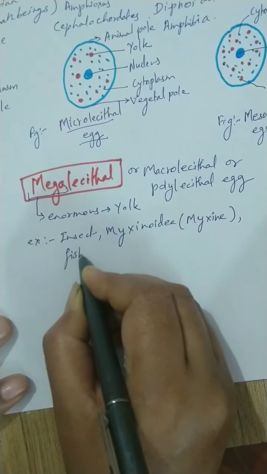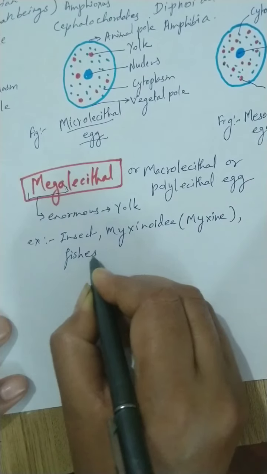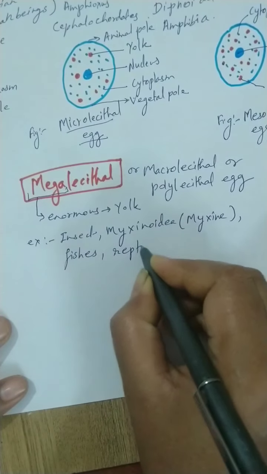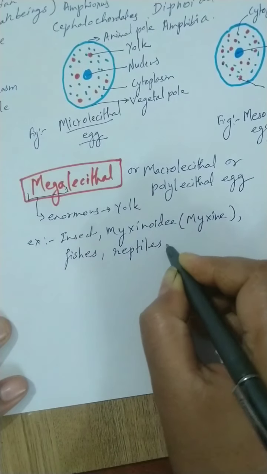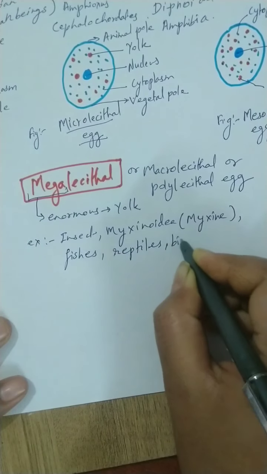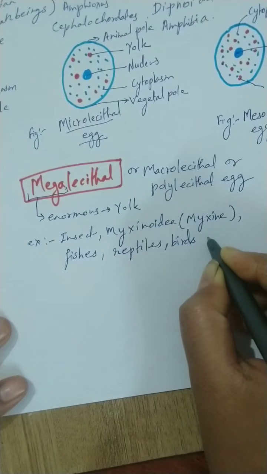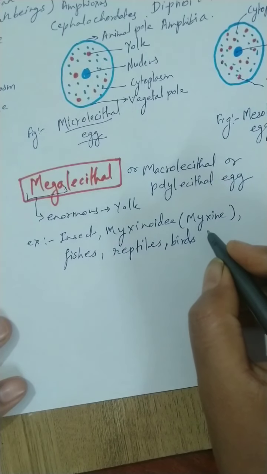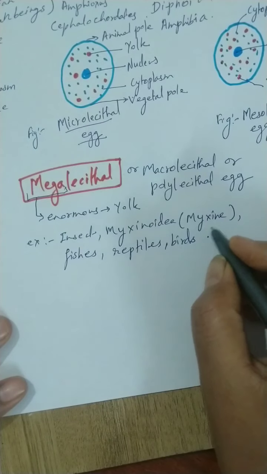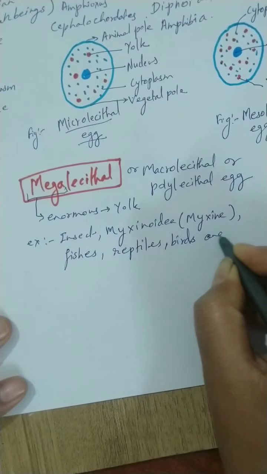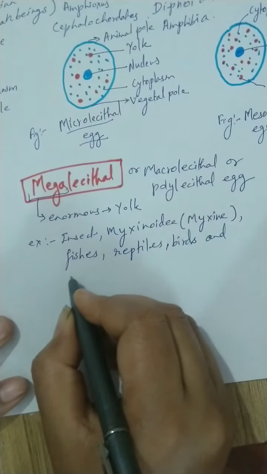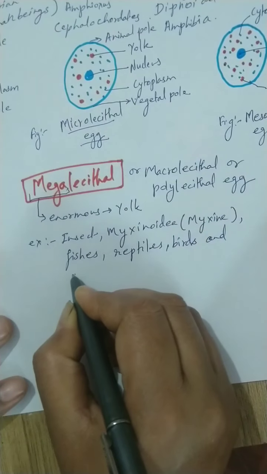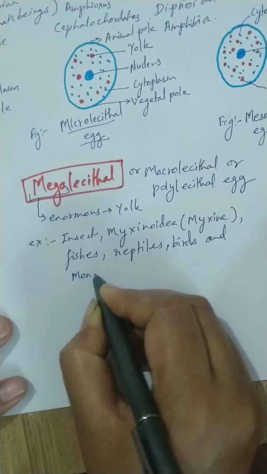Some of the fishes have the megalecithal type of egg, as do reptiles, birds, and some of the monotremata, meaning prototherian mammals.